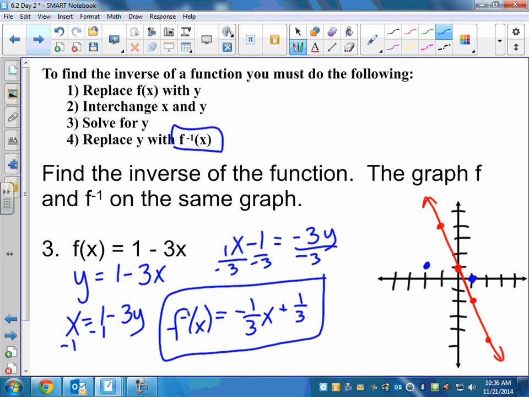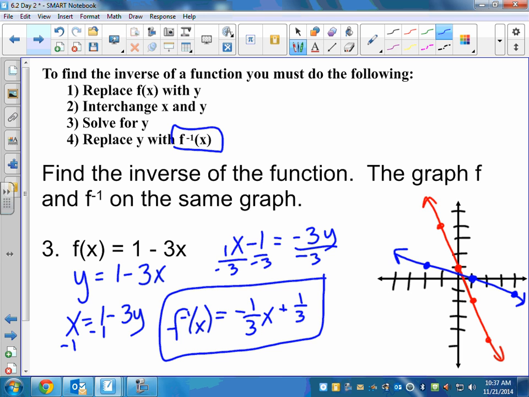And this is the point negative 1, 4. I could do 4, negative 1. And that does have me a slope of negative 1/3. And it is reflected about that line when I do it. So I just wanted to remind you that you don't necessarily have to graph both of them when you're doing it.